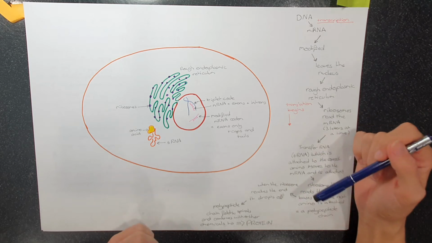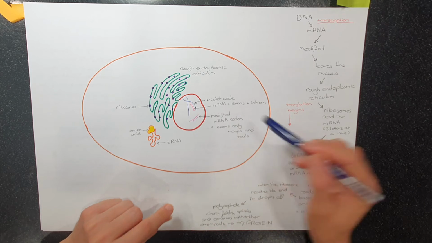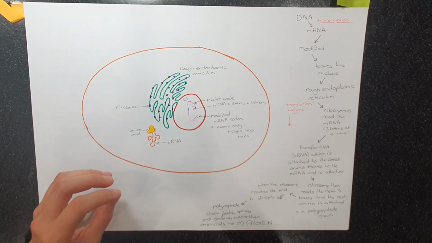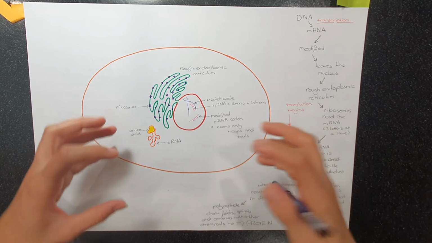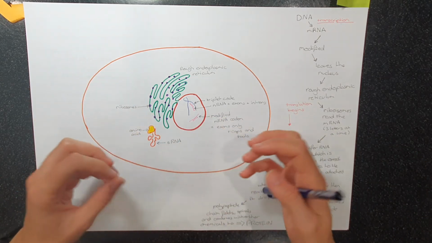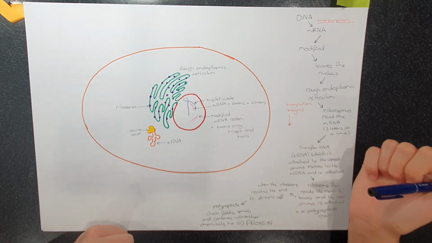When the ribosome has finished reading the entire mRNA strand, so once it's worked its way from one end to the other, the mRNA strand drops off, and so does the polypeptide chain. And then the polypeptide chain basically folds and reforms itself and joins with a couple of other chemicals in order to become specific types of protein.